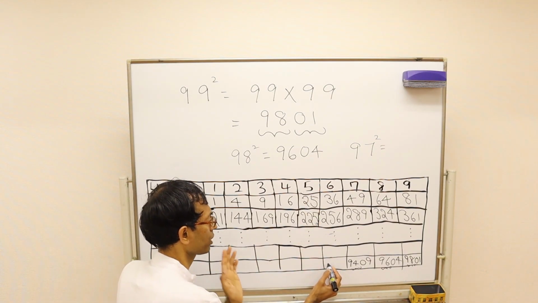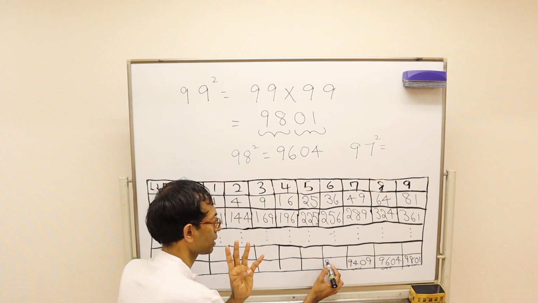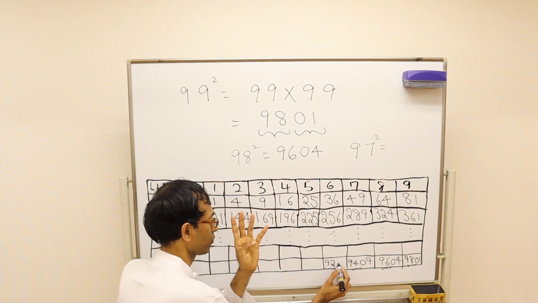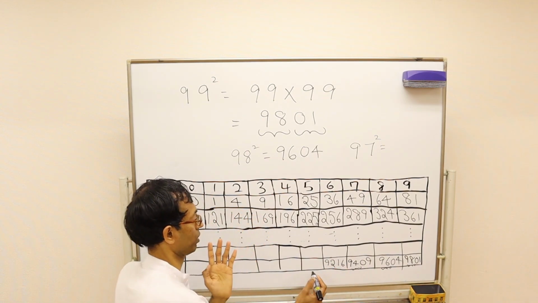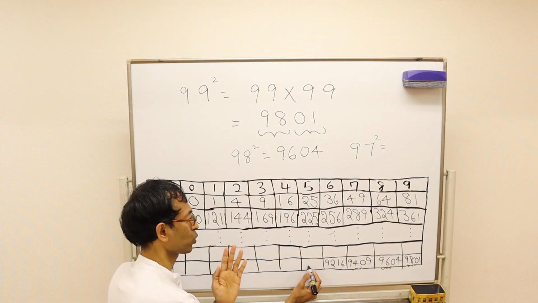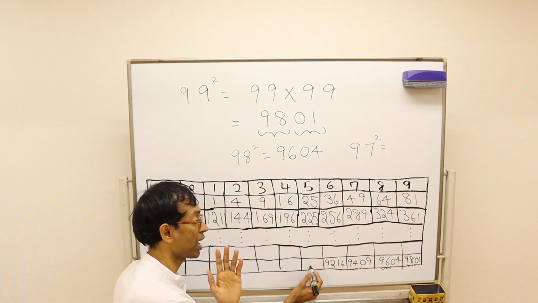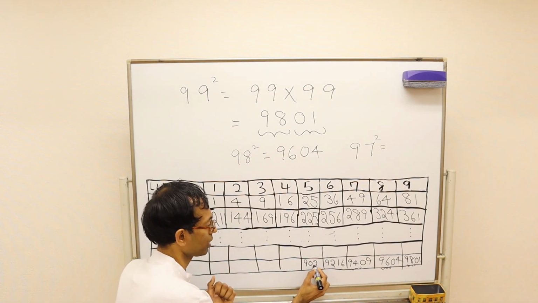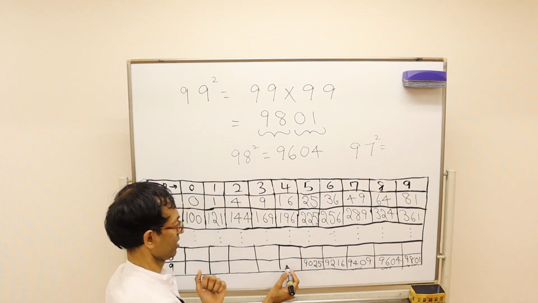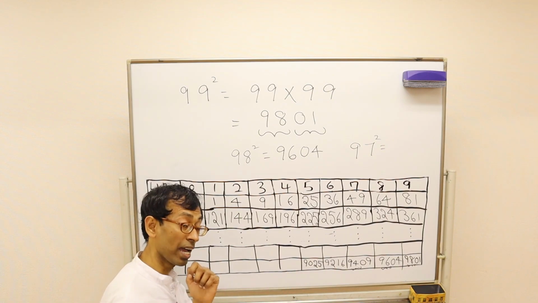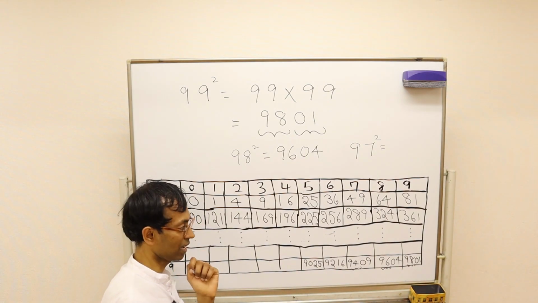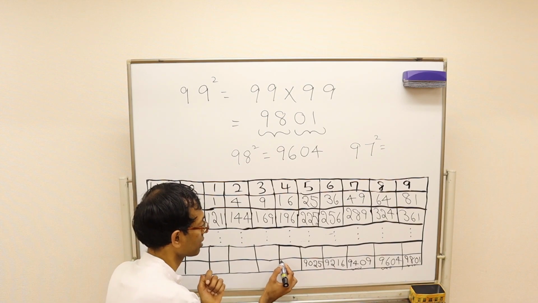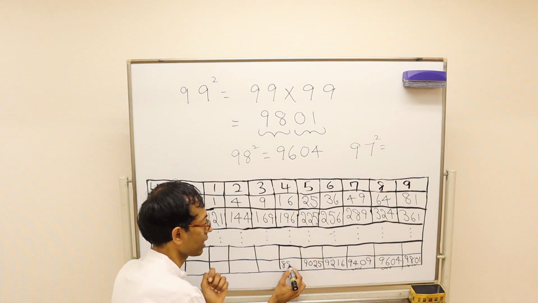The answer is 96 minus 4 is 92, and then 4 square is 16. Here 95 square. So 95 minus 5 is 90, and then 5 square is 25. So 94 square. 94 minus 6, 6 is the proximity, so it's 88. So 6 square is 36.